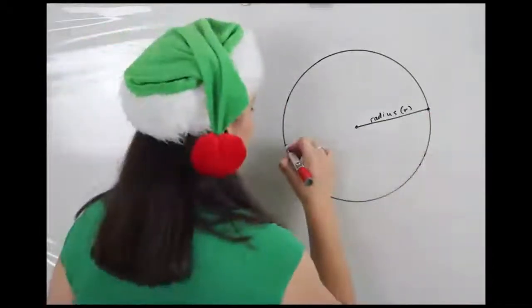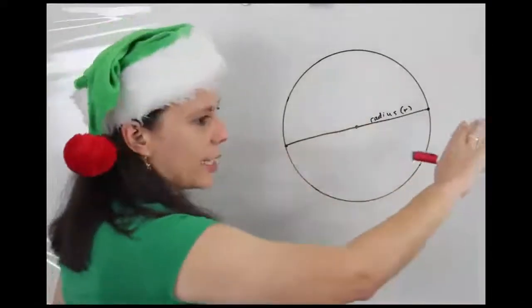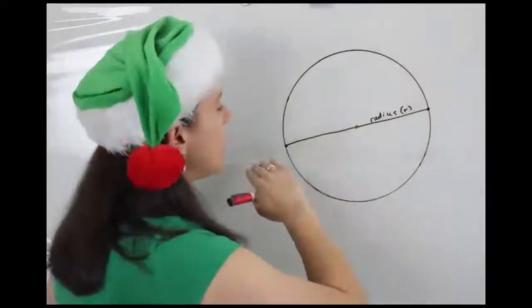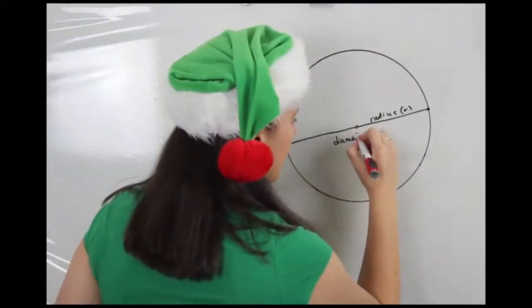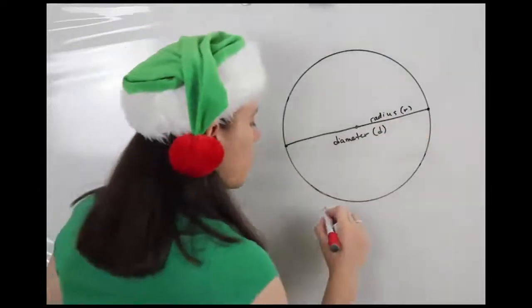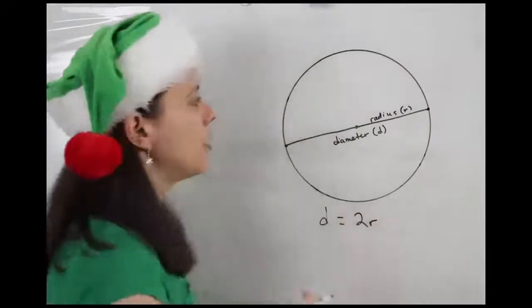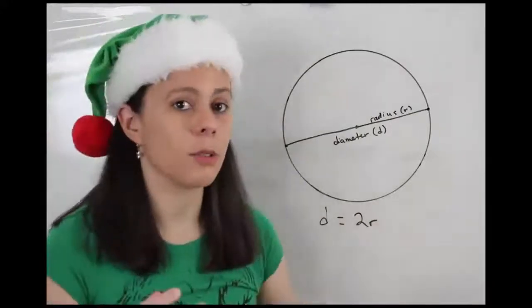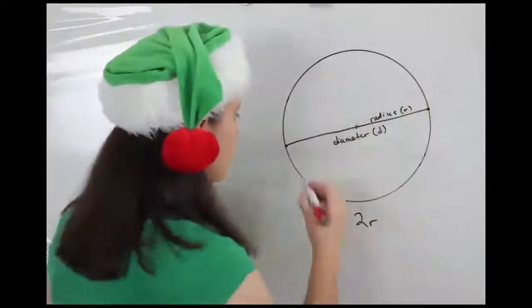So it has to pass through the center and it needs to be a flat, straight line. Okay, that would be the diameter of the circle. So this whole thing is the diameter, which we call D. And sometimes we can express that as equal to 2 times R because it's literally 2 times the radius, right? It's twice as large as the radius.